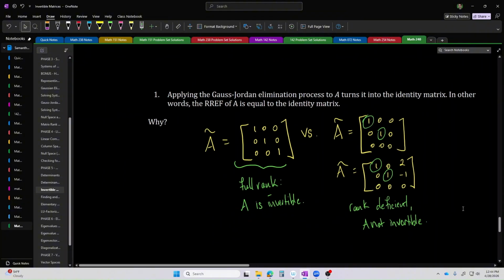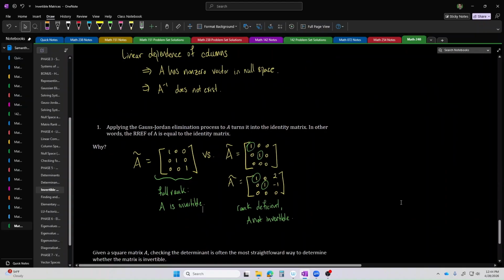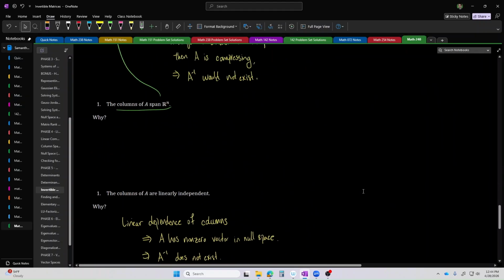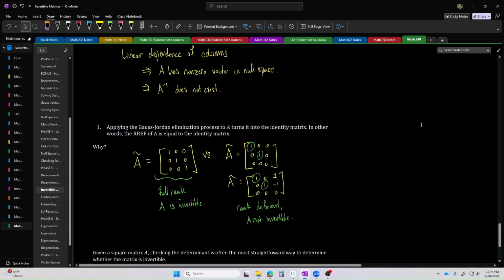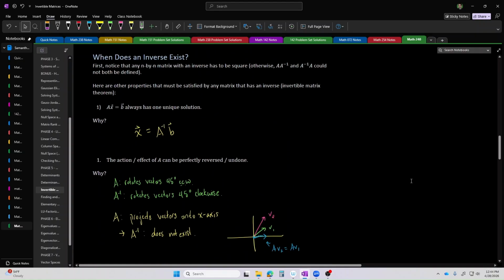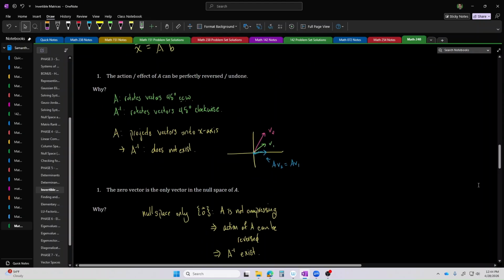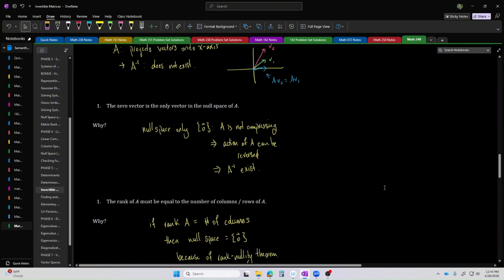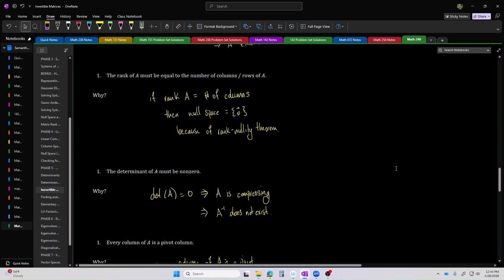So these are several different ways to understand or to check whether a matrix is invertible or not. You can think about what kind of solutions you're getting from equations involving A. You can think about whether the action of A can be reversed or undone. You can think about whether the null space of A contains only zero. You can think about whether the matrix A is full rank.